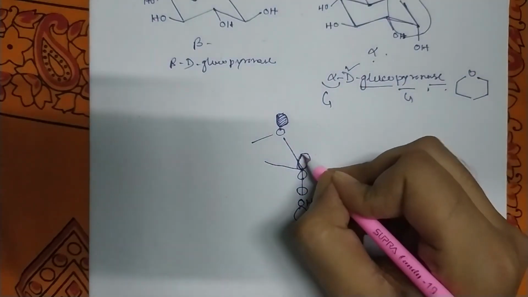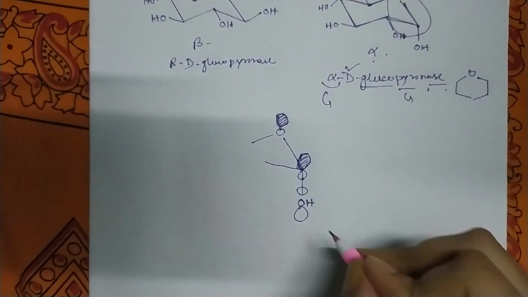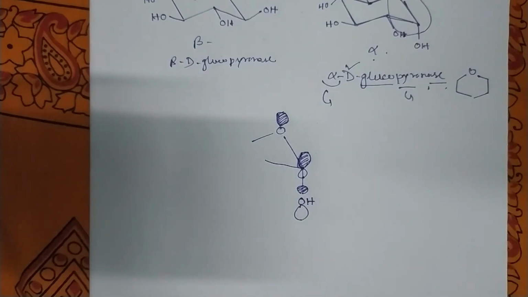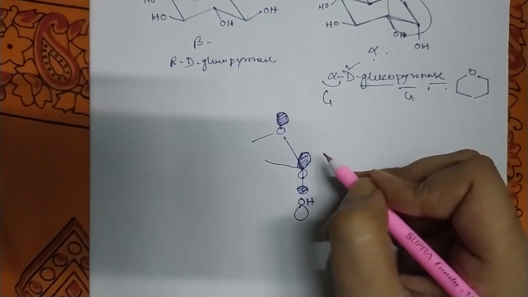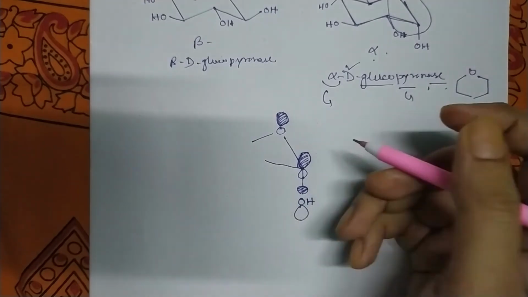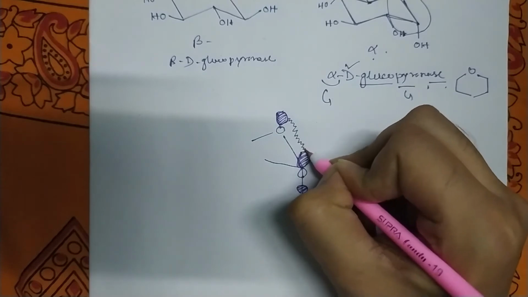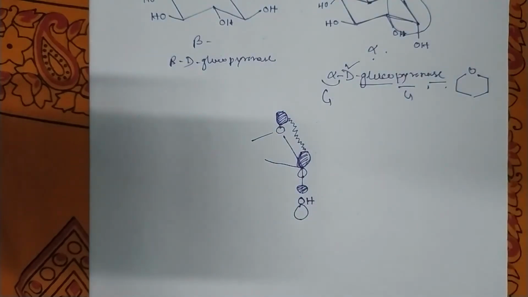If I denote the phases of the orbitals in this dotted fashion, we can observe that for the axial conformation there could be an interaction of the oxygen lone pair with the neighboring sigma star orbital.